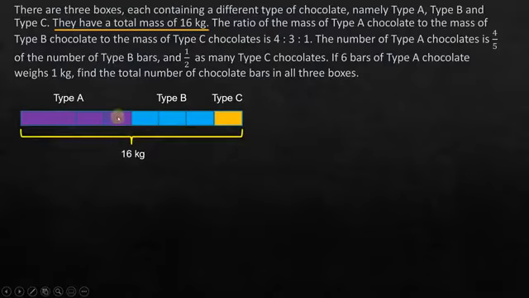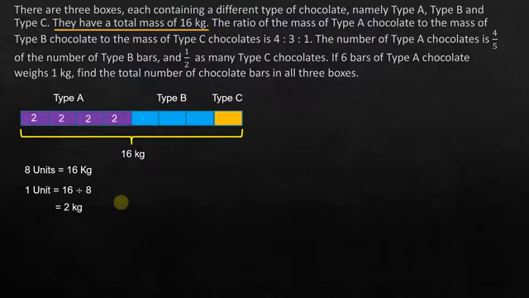We've got 1, 2, 3, 4, 5, 6, 7, 8 units, and that is equal to 16 kilograms. So 1 unit will be equal to 16 divided by 8, which is 2 kilograms. So each of these units represents 2 kilograms.